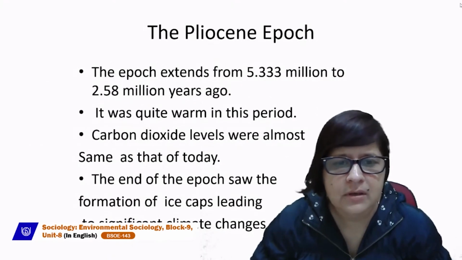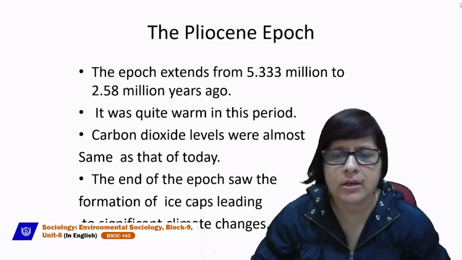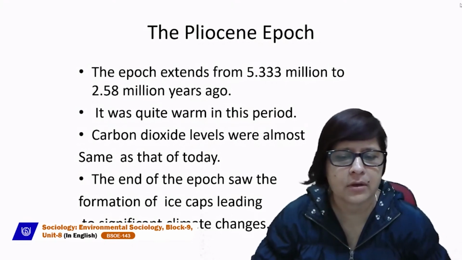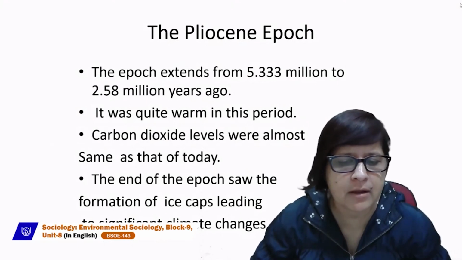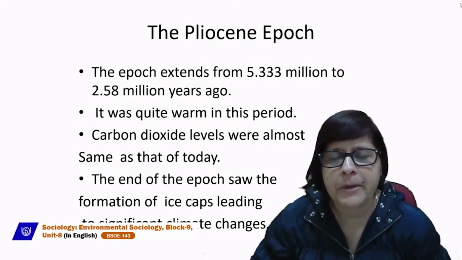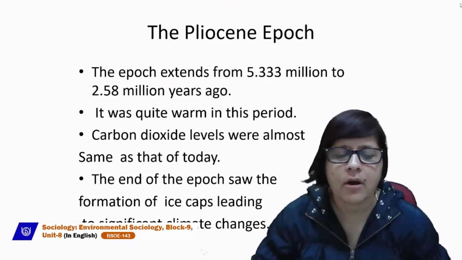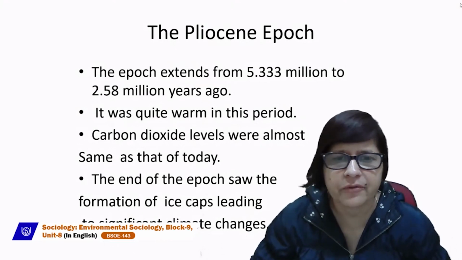And then comes the Pliocene epoch. The epoch extended from 5.33 million to 2.58 million years ago. It was a quite warm period. Carbon dioxide levels were almost the same as today.